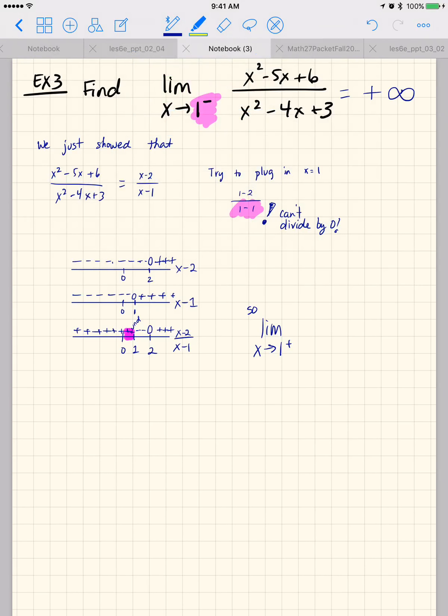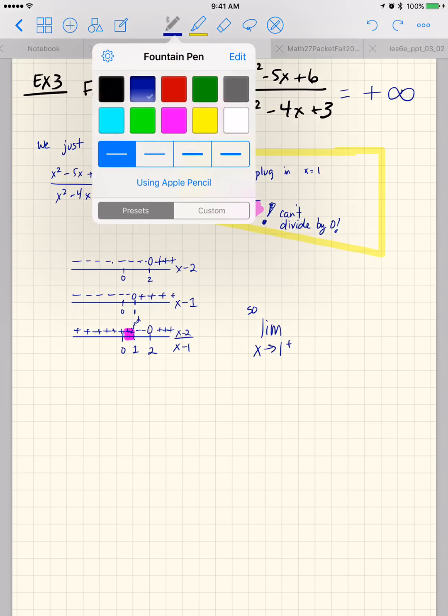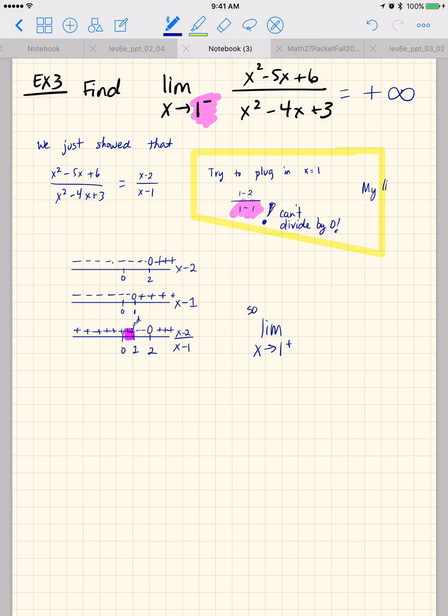So let's go back and review. The first thing I did was figure out, at this step right here where I try to plug in, that it's going to be plus infinity or minus infinity. So this told me that my limit will be plus infinity or minus infinity.